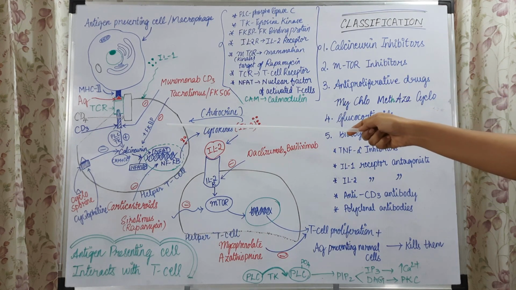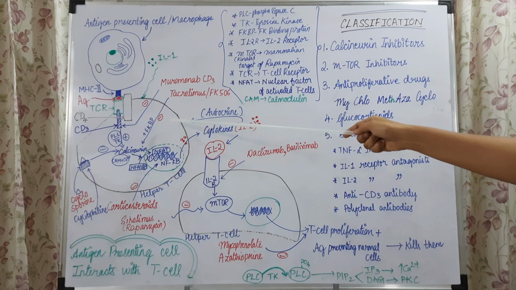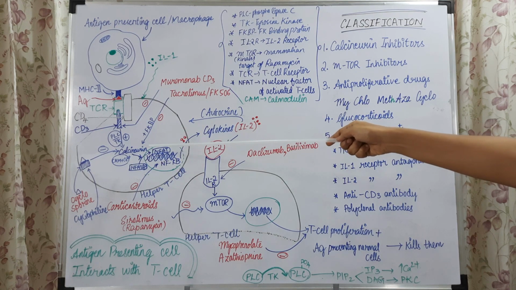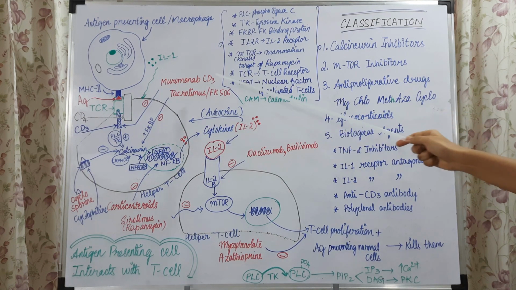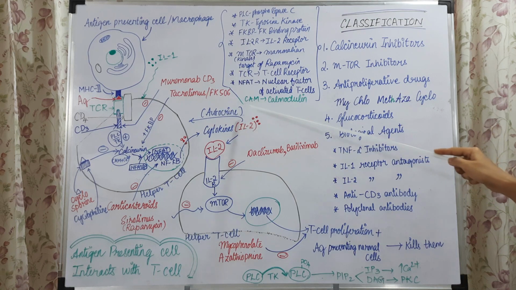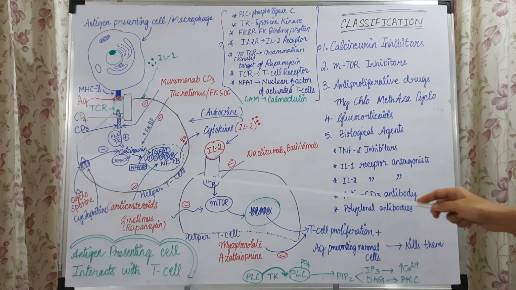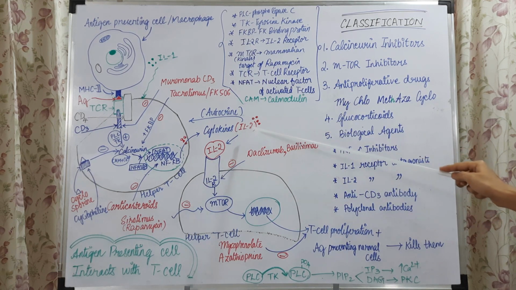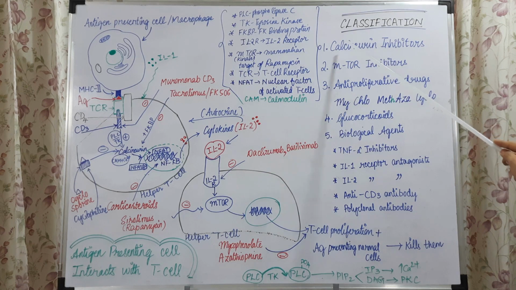So tacrolimus acts on the FK binding protein and further inhibits the calcineurin, and further inhibits the release of interleukin 2 from the T cells. So from the helper T cells, interleukin 2 release will be inhibited by both calcineurin inhibitors, cyclosporin as well as tacrolimus. The next class of drugs are mTOR inhibitors.